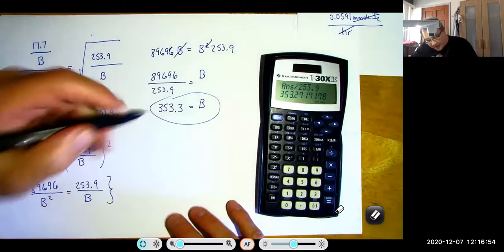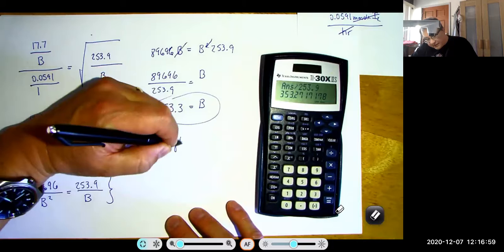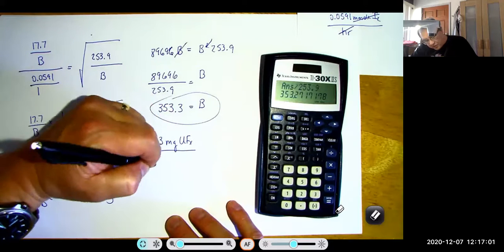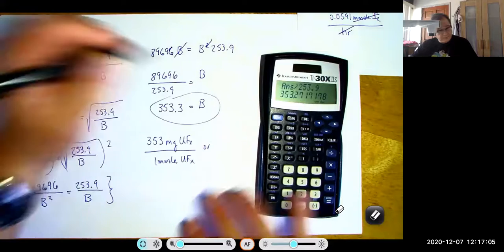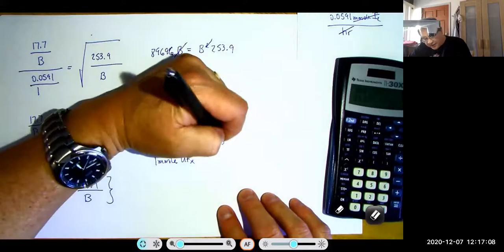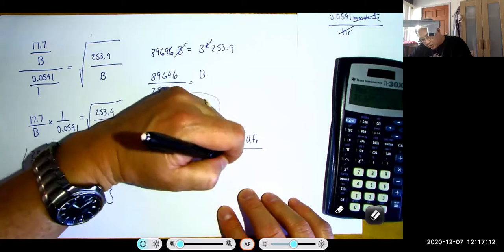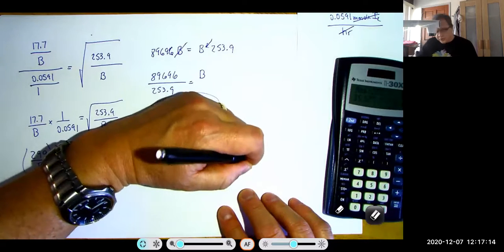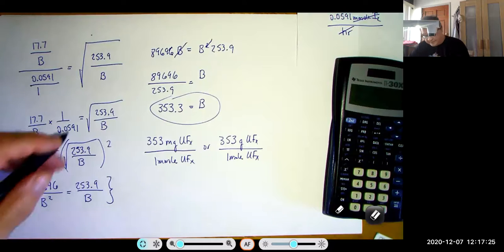So that means that we have 353 milligrams of uranium fluoride per 1 millimole of uranium fluoride, or 353 grams of uranium fluoride per 1 mole of uranium fluoride. So this is the molar mass of the uranium fluoride. Now, if we take a look at our periodic table, we'll see that the molar mass of uranium is 238.